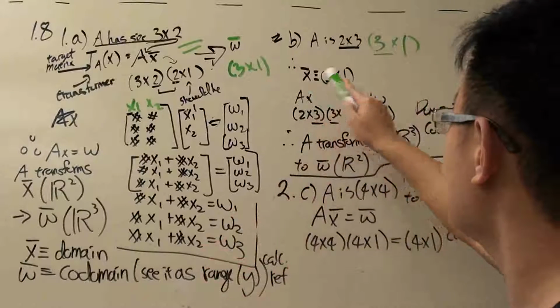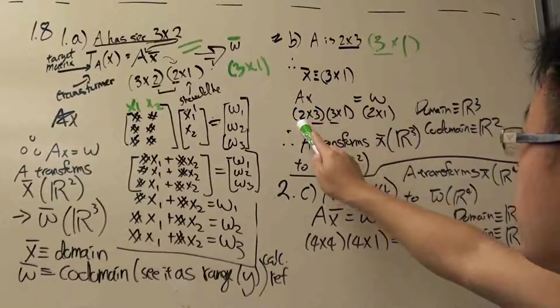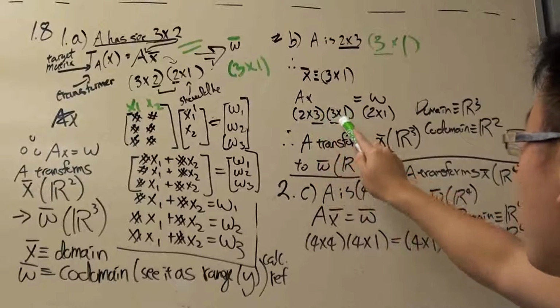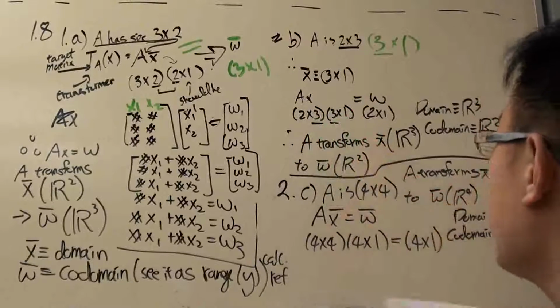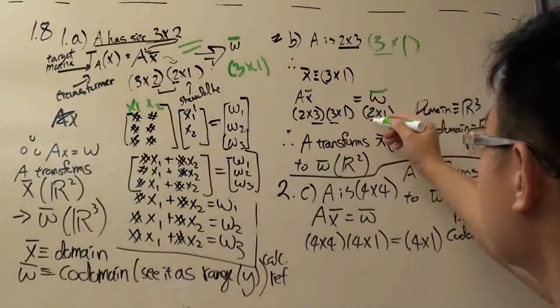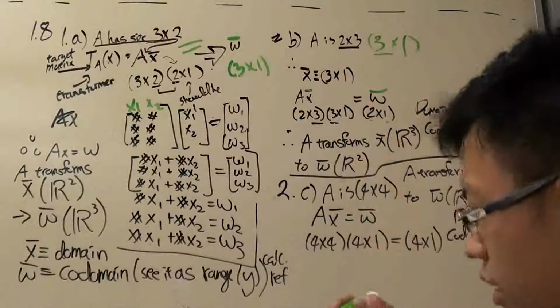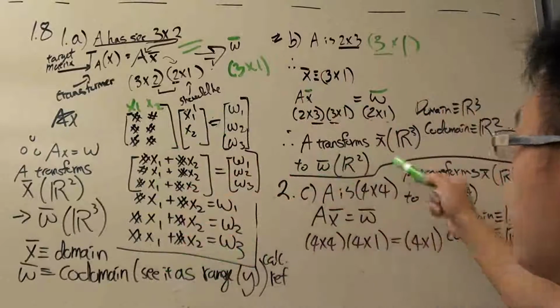So anyways, as you can see right here, my A was 2 by 3, X is 3 by 1, and if you multiply them together, your overall net vector, I apologize for making a lot of trivial mistakes, W is going to have a dimension of 2 by 1. So again, the question here, we're not trying to understand the whole thing.